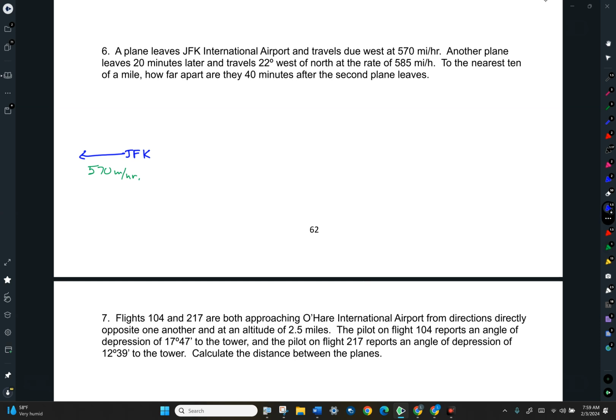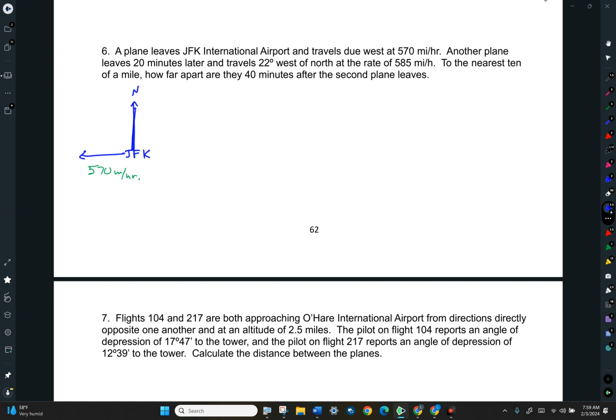It says another plane leaves 20 minutes later, so it still leaves the same airport, but 20 minutes later, and travels 22 degrees west of north. Well, if this is due west, this would be due north. Let's pretend like that's straight up.